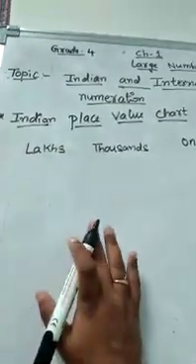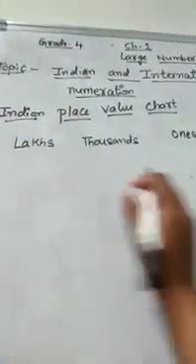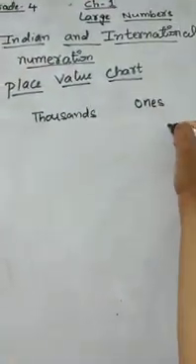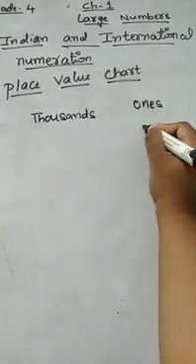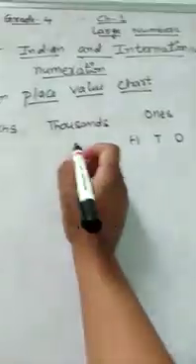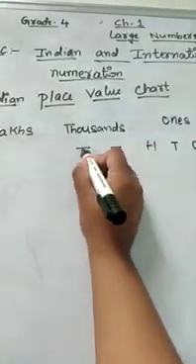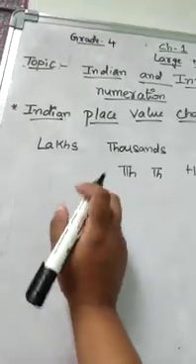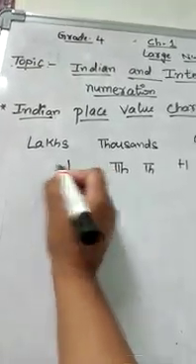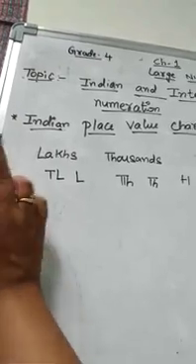Now I am taking 3 periods here: ones, thousands and lakhs. In the ones period we have ones, tens, hundreds. Next, in thousands, thousands and ten thousands. In lakhs, lakhs and ten lakhs. In crores, crores and ten crores.